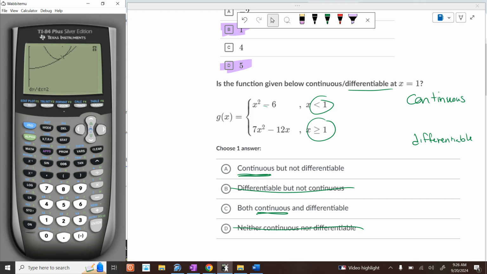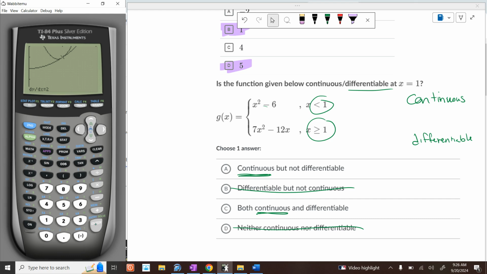Then I'm going to do this again. Second calc 6. And it gives me the same thing up here. Now, if I press my up arrow, it switches graphs. I go to my other graph. I'm still at 1, -5, right? Now, if I want to find the derivative there, I press enter. And look at that. What do I get? 2.